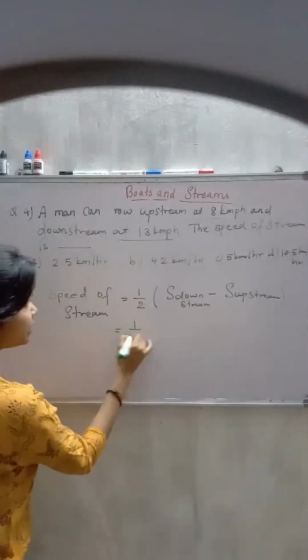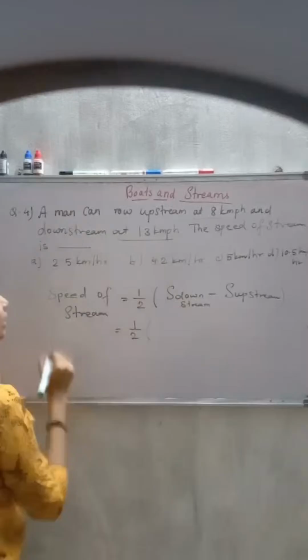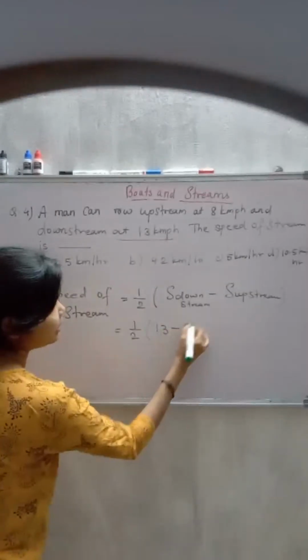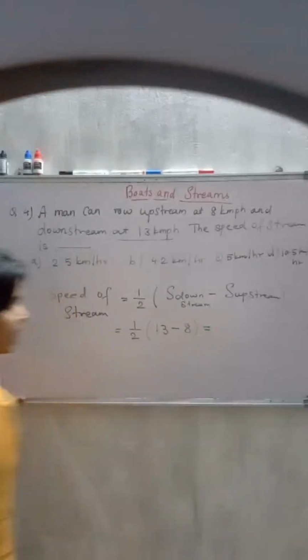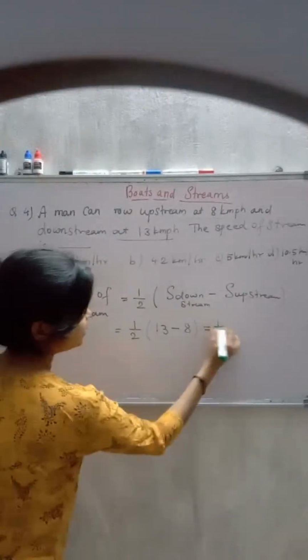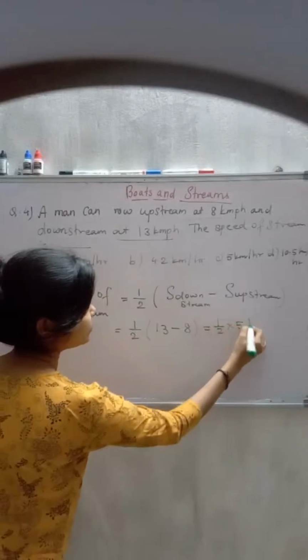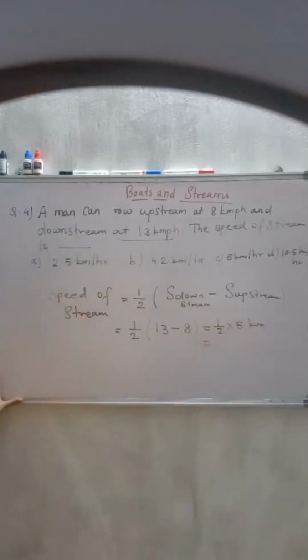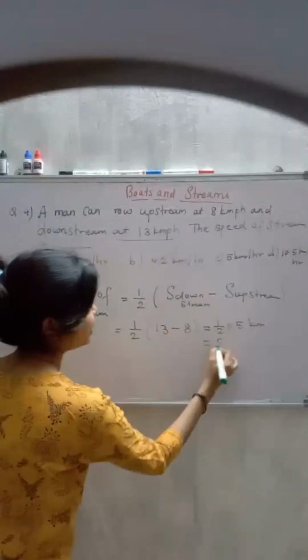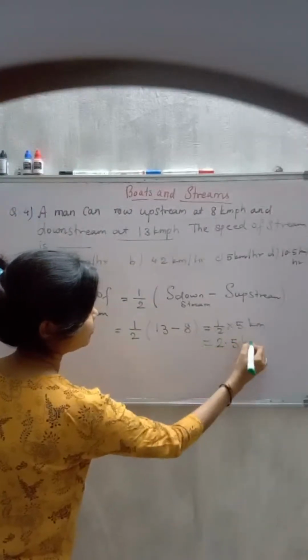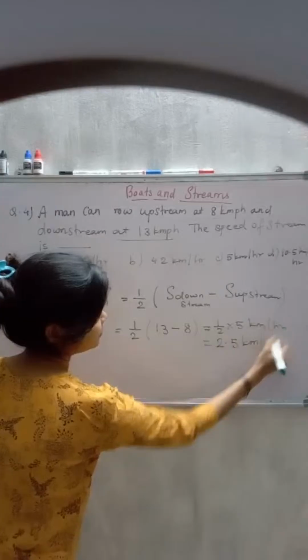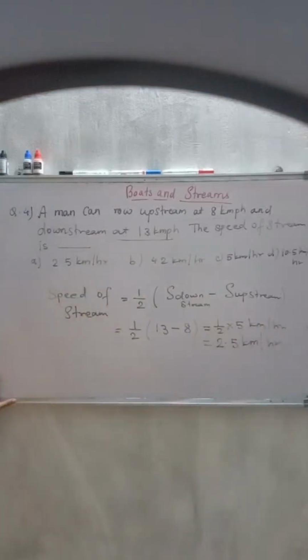Put the value, get the answer. Half. Speed downstream is given as 13 and upstream as 8. 13 minus 8 is 5. Half of 5. Half of 5 is 2.5 kilometer per hour. Option A is the correct answer.